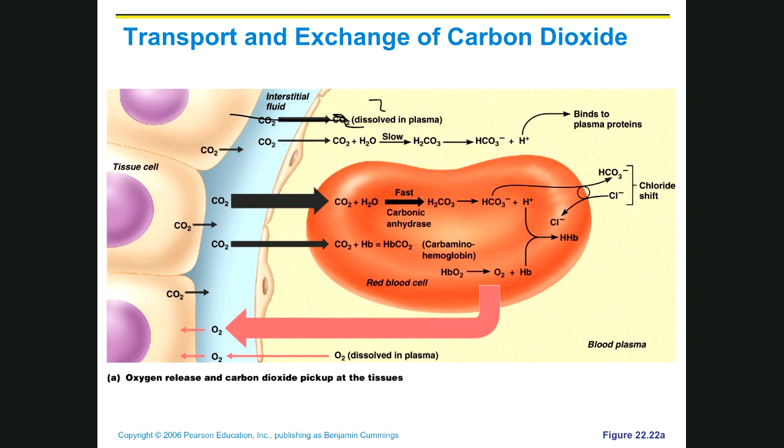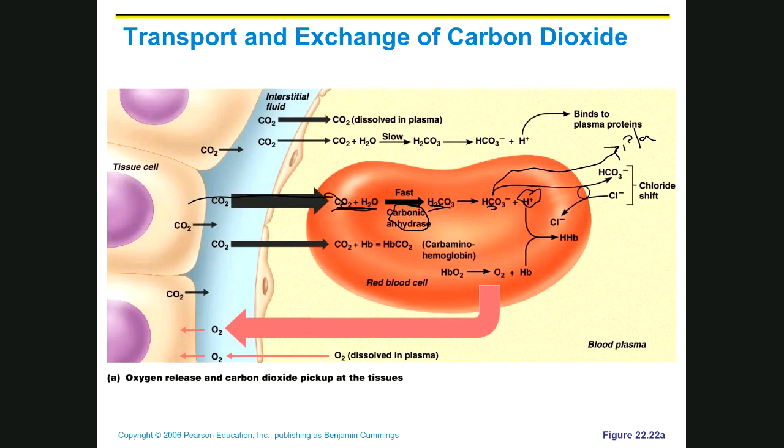Some of it's going to go in here and combine with hemoglobin and form carbaminohemoglobin, about 20 to 23%. Most of it is going to go into the red cell. In the presence of this enzyme, these two are going to combine. We're going to get carbonic acid. The bicarbonate and the hydrogen ion separate, and the bicarbonate is going to leave and travel in the plasma.